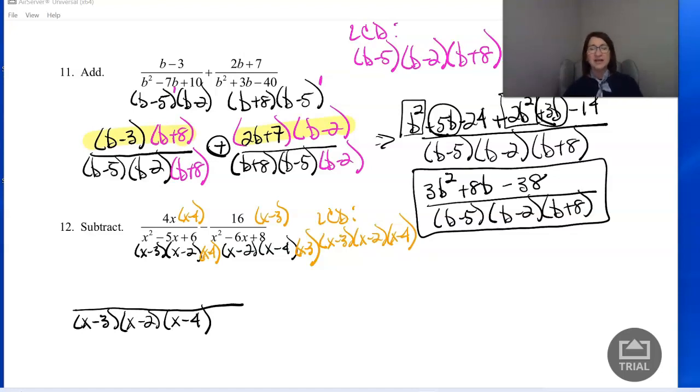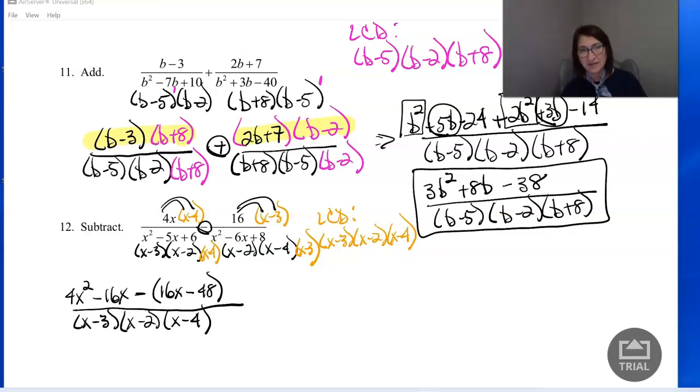Okay, so let's go ahead and distribute. So that's going to give us 4x squared minus 16x, but then we've got this minus sign here, and we need to be careful. I'm going to first distribute, so that's going to give me 16x minus 48. When I remove those parentheses, that will change the signs of each of those terms inside of the parentheses.